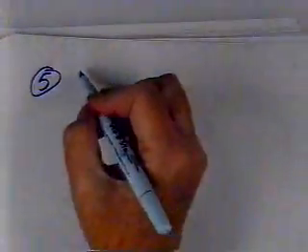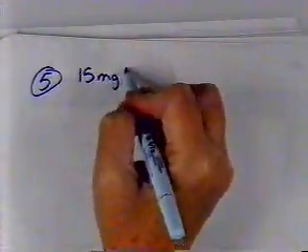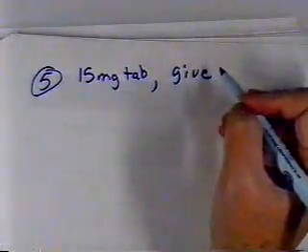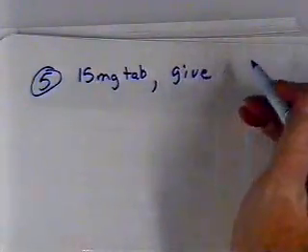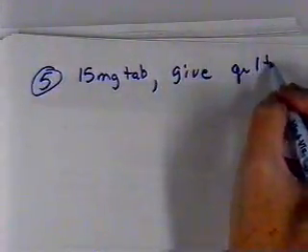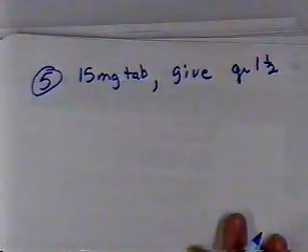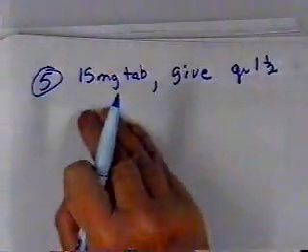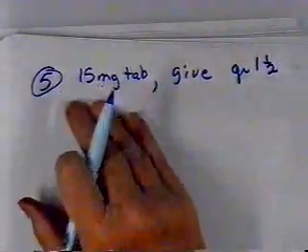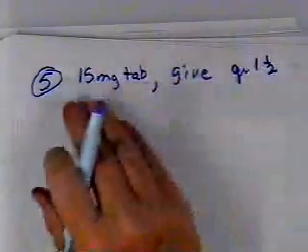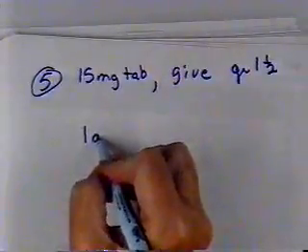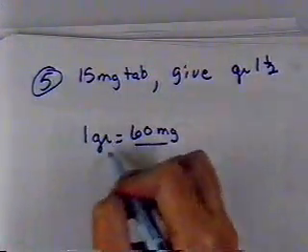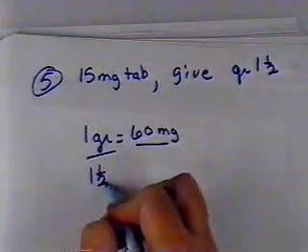Number 5 has 15 milligram tablets. I'm supposed to give grain 1 1/2. Here we have to do a conversion, and we convert to milligrams. We don't want to convert milligrams to grains. We convert grains to milligrams. So 1 grain is 60 milligrams, 1 1/2 grain.